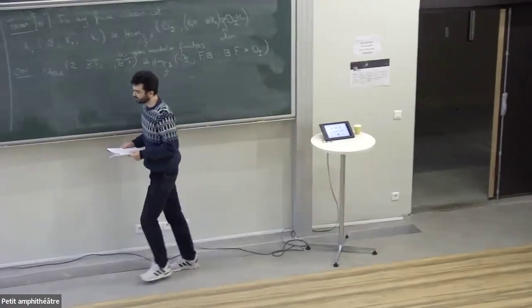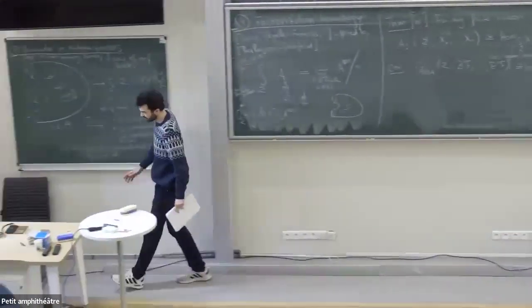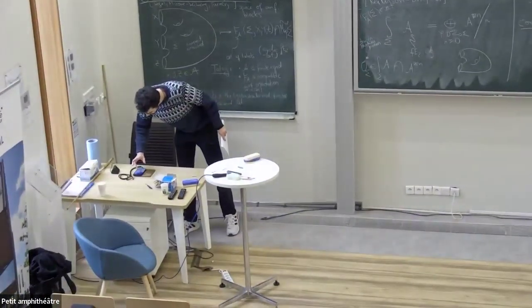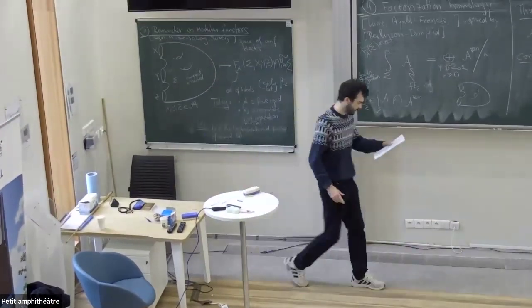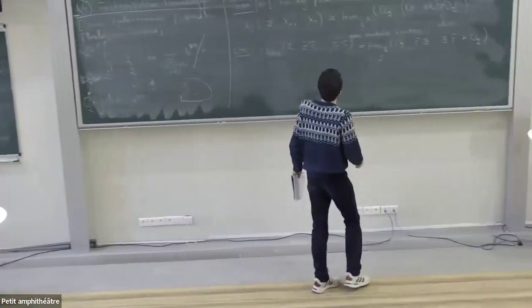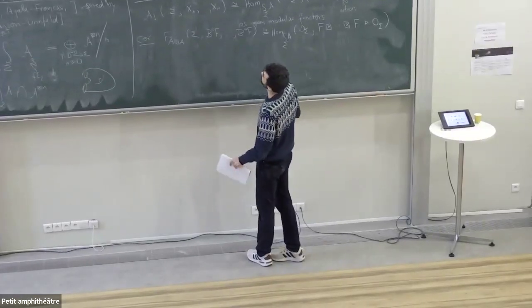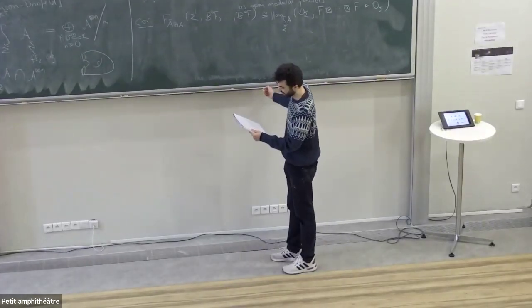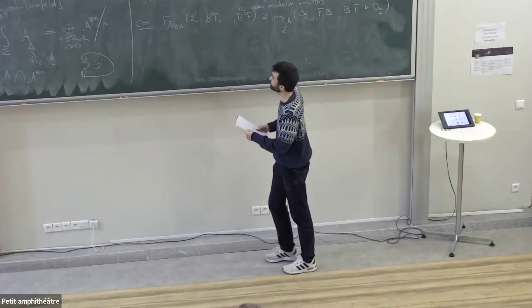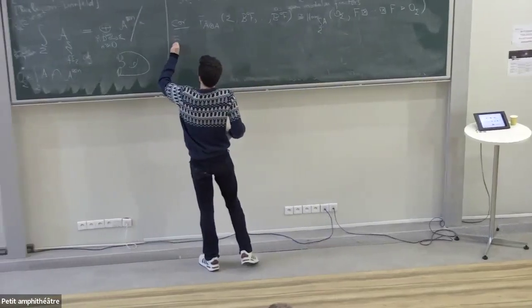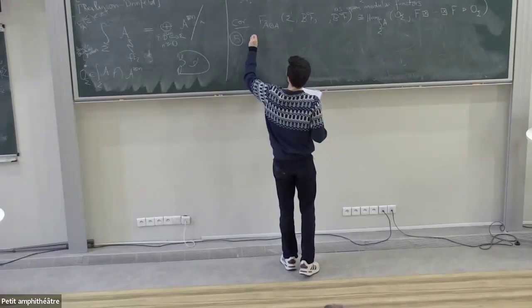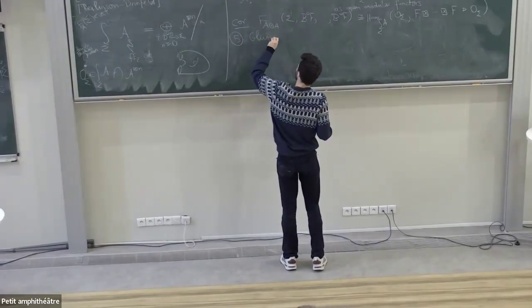Okay, so now there are two things that the construction, as I have explained it so far, does not do. And the most important one is gluing along boundary circles.